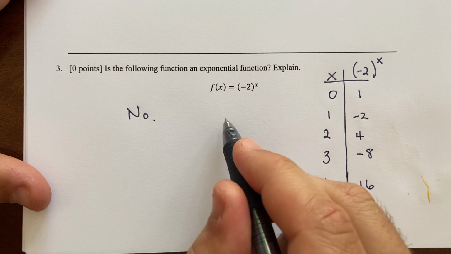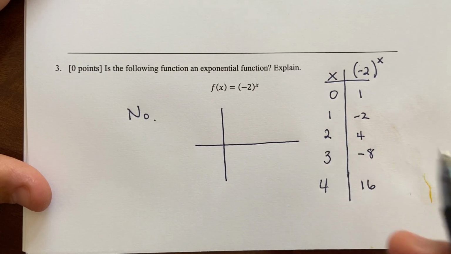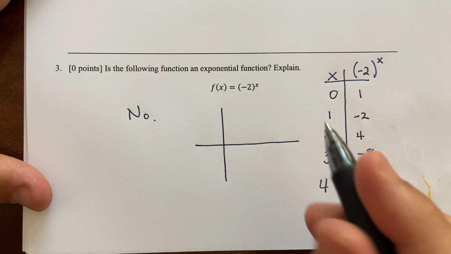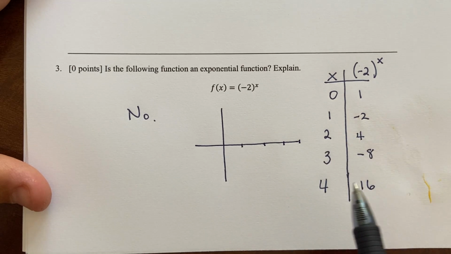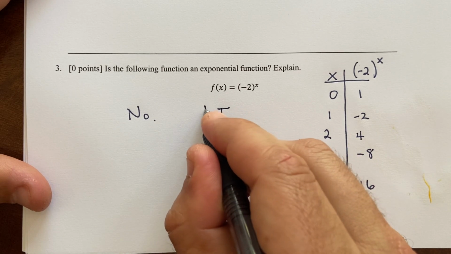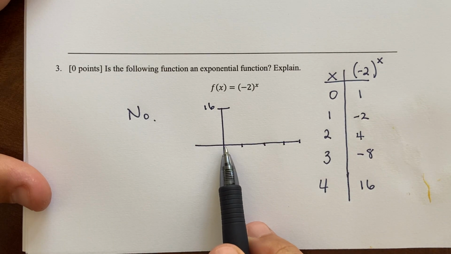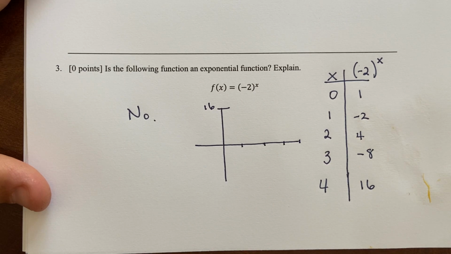So if you just imagine graphing some of these, maybe I'll call this 0, 1, 2, 3, and 4. I'll call this 16 up here. So at 0, we have 1. So I'd be right about here. Let me just make that in red.